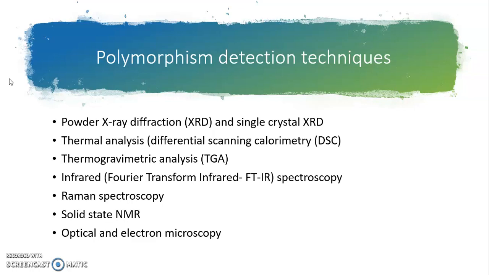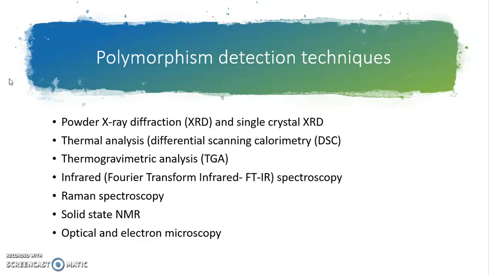In electron microscopy, there is scanning electron microscopy, that is SEM. Optical microscopy usually determines optical properties like indices of refraction, dispersion colors, and other morphological properties, or actual crystal habits for the crystals.